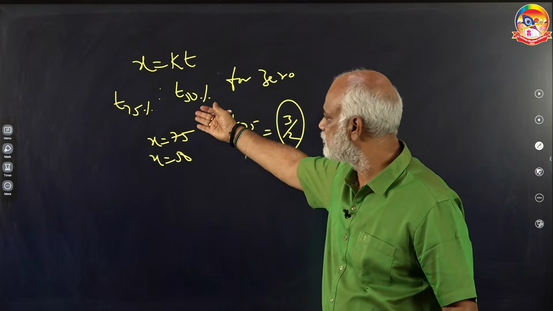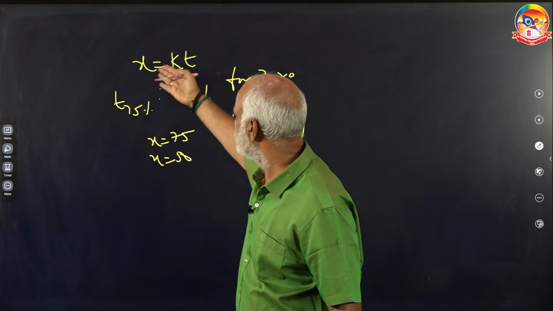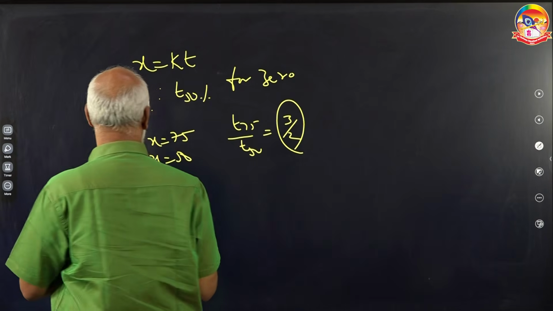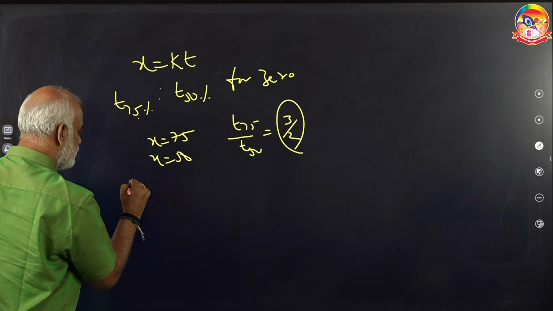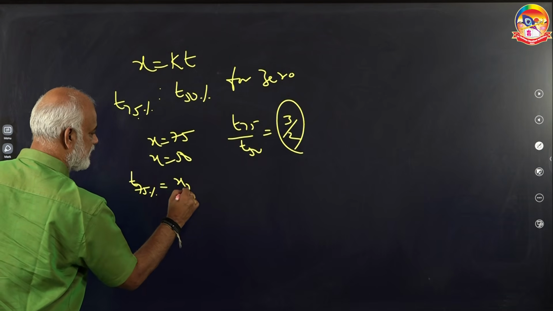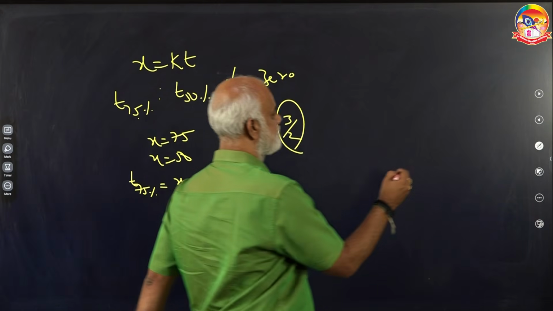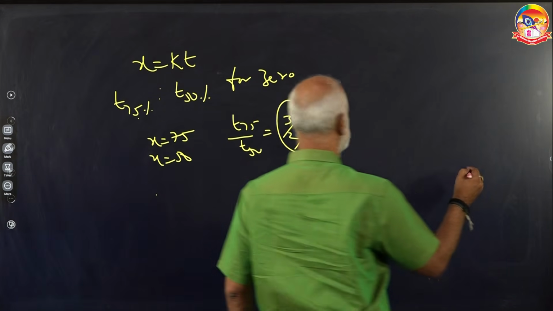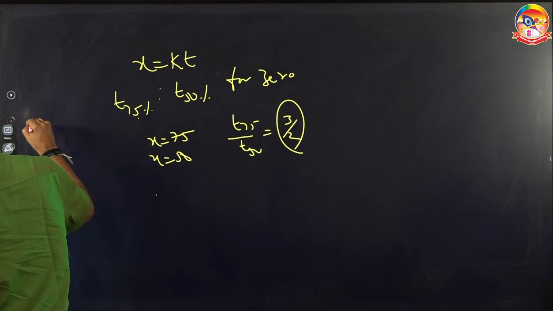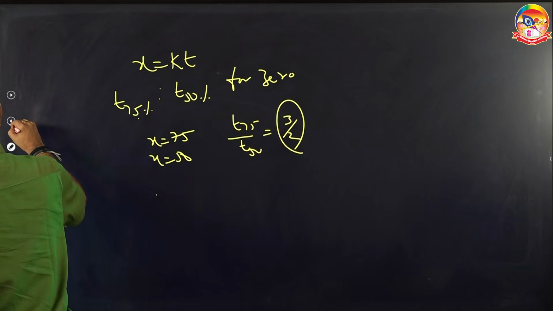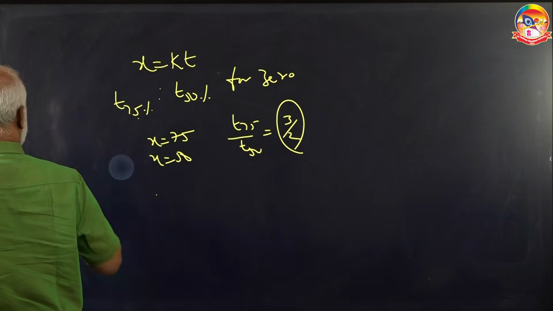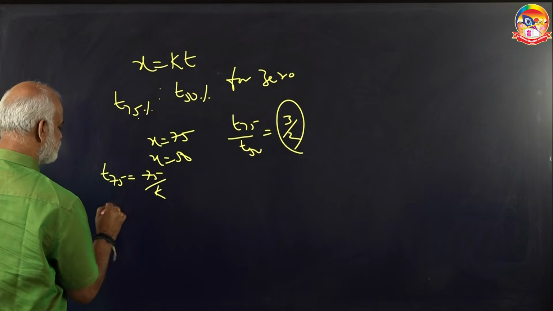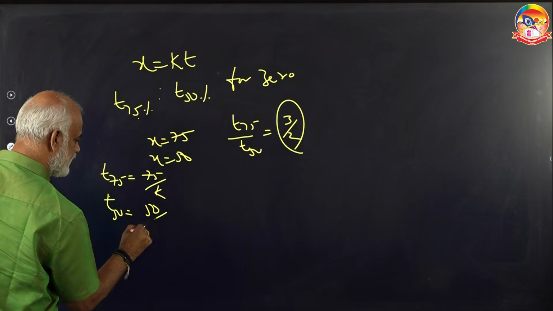Why? Because x is equal to kt. If you wanted to show it in a different way, T 75% is equal to 75 by K. T 50% is equal to 50 by K because K does not change.